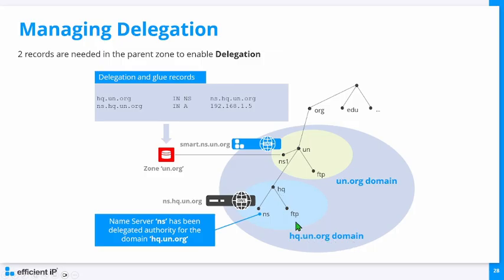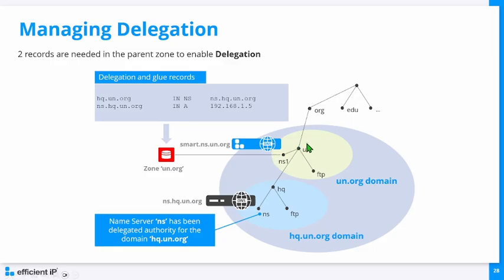For the subdomain HQ.un.org, you want the authoritative server to be on another DNS server, for example, NS2.